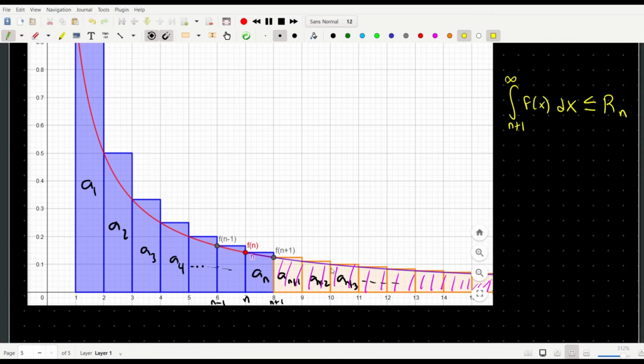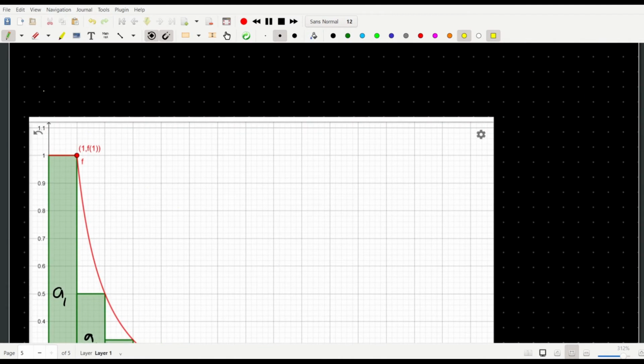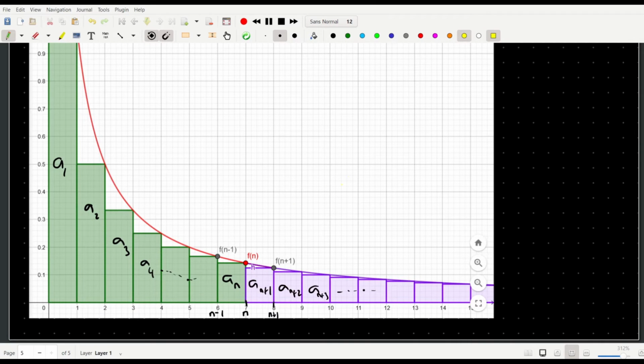And furthermore, if we look at the part 2 image from the proof of the integral theorem that I showed before, and we consider these green rectangles, which again is the nth partial sum when you add all of these areas together, we're seeing that for the remainder in this picture, all of these rectangles are underneath the function.